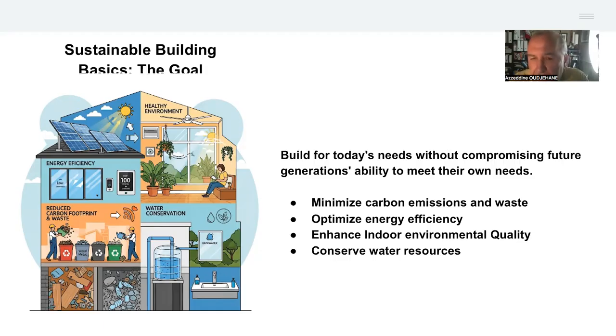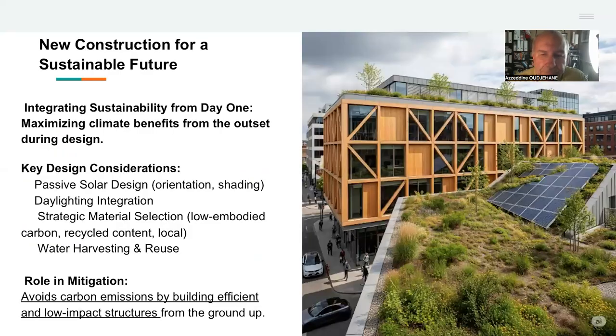That all is integrated. Enhancing the indoor environment quality, the air, and the comfort level, and lastly, conserving water. Water is often put on the side, but it's also part of the UN sustainable development goals, how to conserve and use less water, given that in some areas of the continent, it's quite sparse.